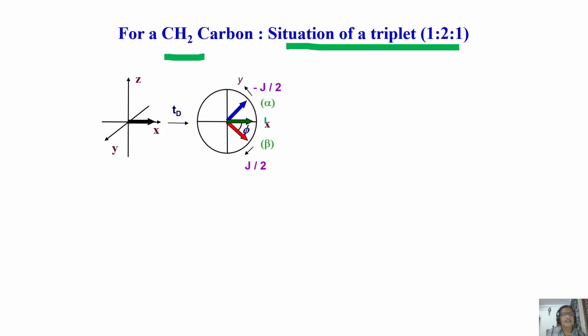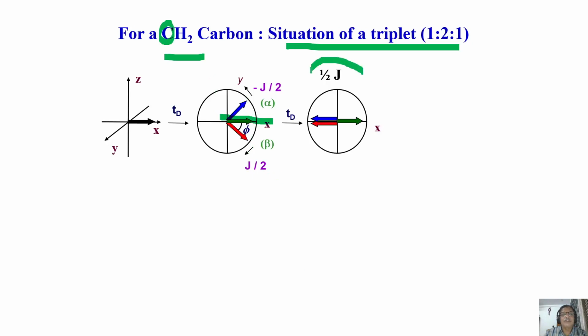Three components. When the carbon is a triplet, as for the CH2 carbon, the central component does not evolve. Only the outer components start moving. Now find out the situation exactly: plug it into the equation. What happens to these components at 1 over 2J, and what happens after 1 over J?